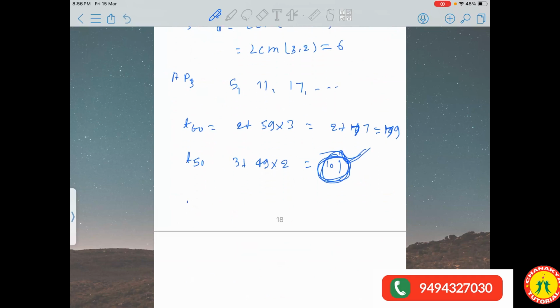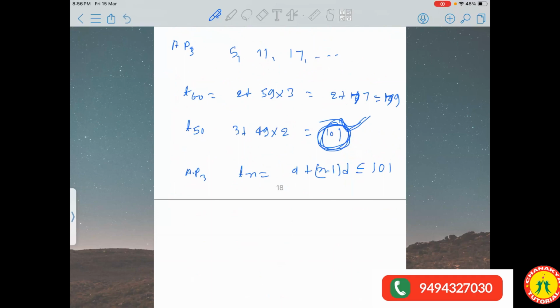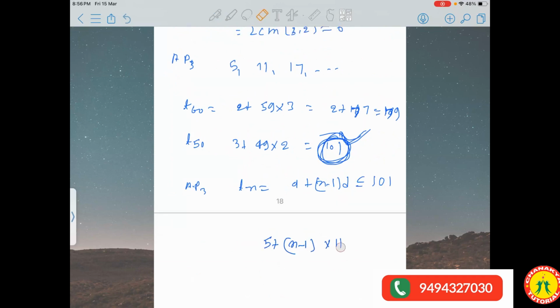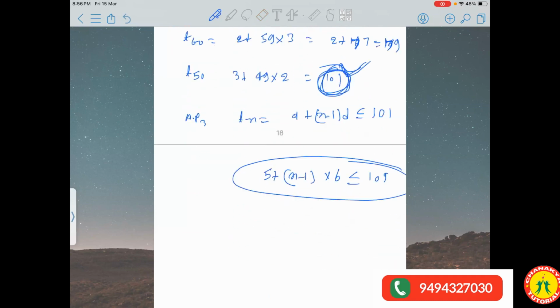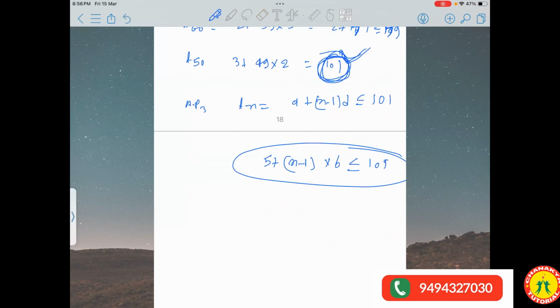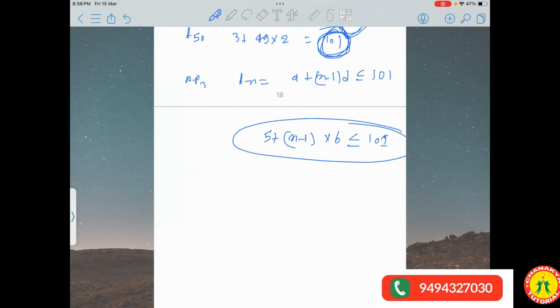So we can write for the third AP, Tn is equal to a plus n minus 1 into d, which is less than or equal to 101, right? So a is 5 plus n minus 1 into 6, where 6 is the common difference for the third AP, less than or equal to 101. Solve it. n is always an integer.